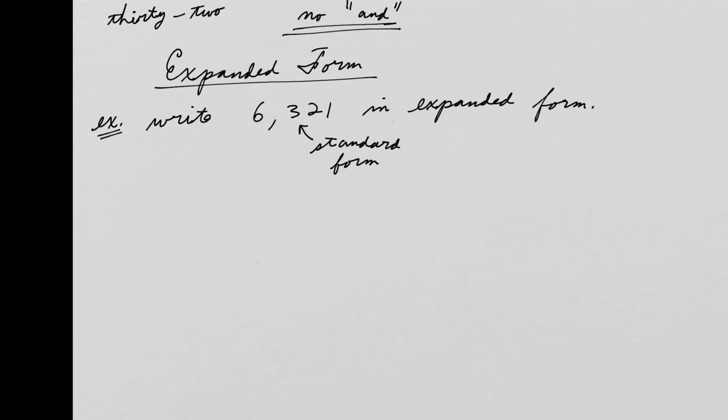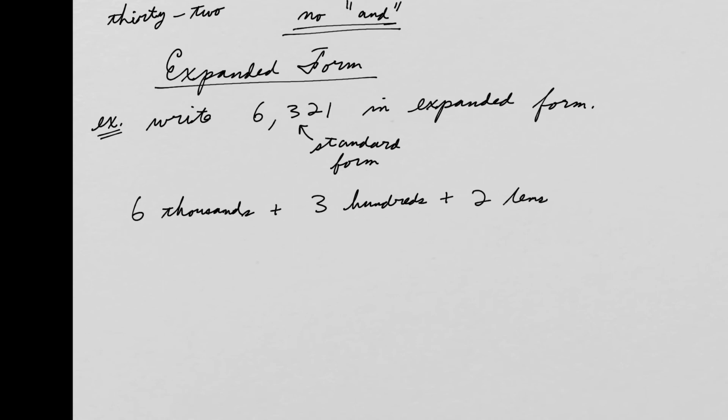Okay, so you could write this as 6, and in what position is it, what place is it in? Thousands, right? So 6,000 plus 3 hundreds plus 2 that's in the tens, right?